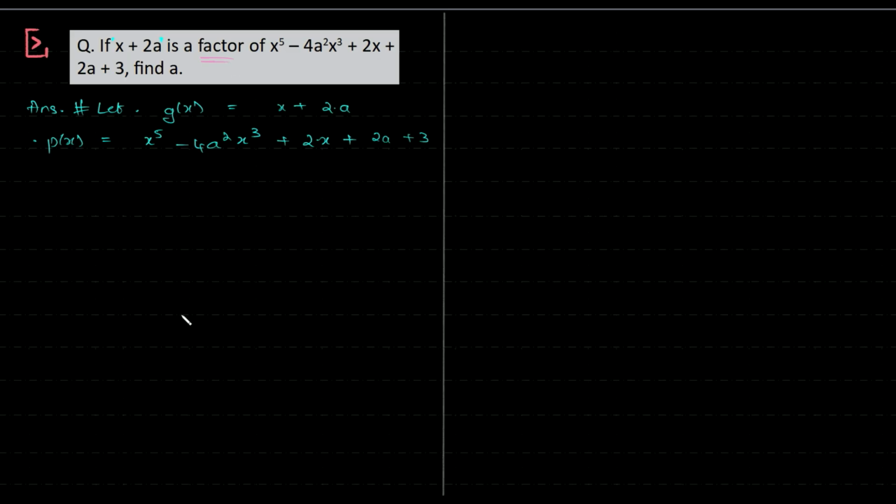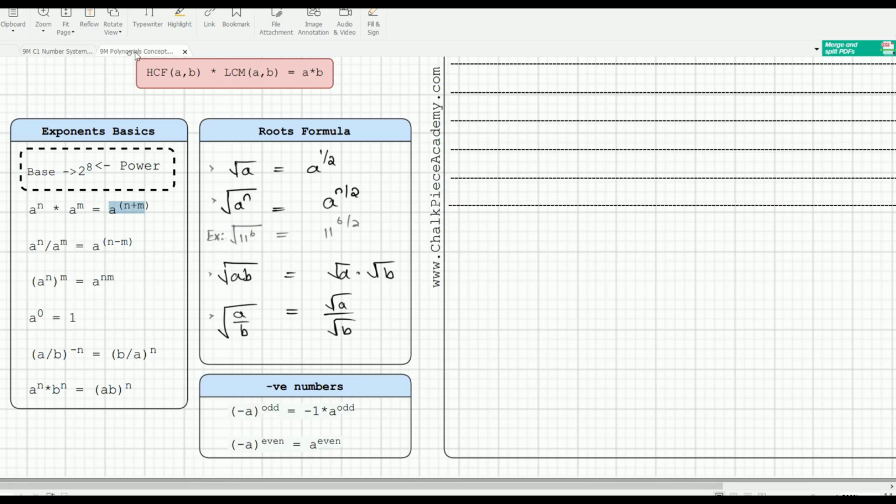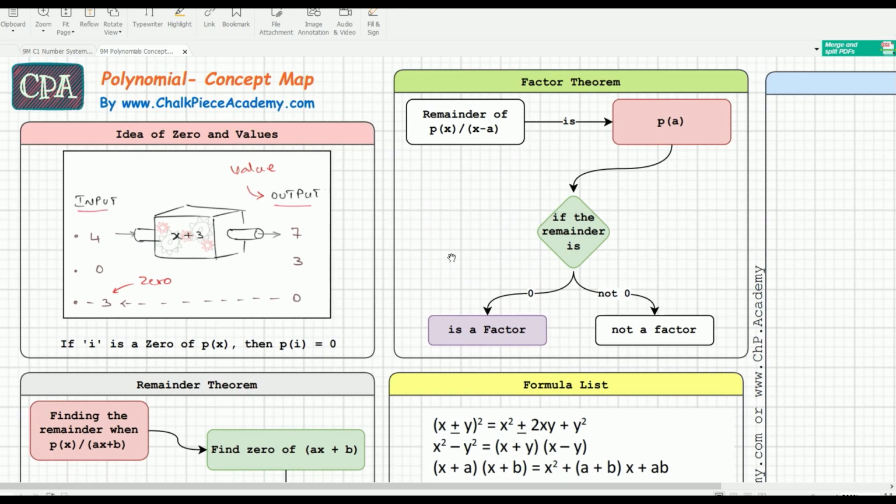Since they're given that g of x is a factor of p of x, what is the concept that we have to use? Yes, we have to make use of the factor theorem. What does the factor theorem tell? When something is a factor, the remainder will be 0 when division happens.